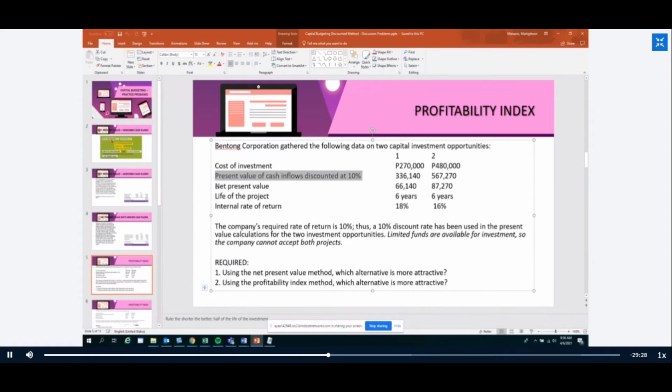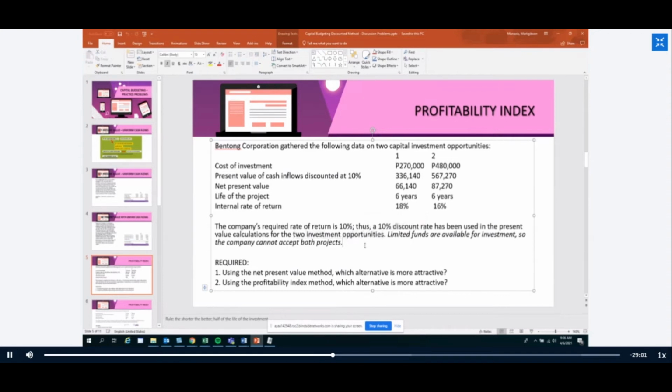So, provided na rin yung net present value, life of the project, and then internal rate of return. Pero itong internal rate of return, I will still discuss this later. Kung para saan yan. The company's required rate of return is 10%, thus a 10% discount rate has been used in the present value calculation for the 2 investment opportunities.